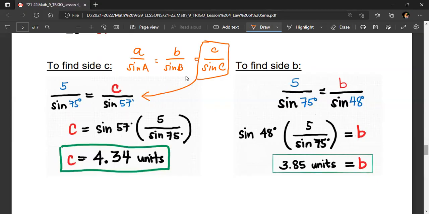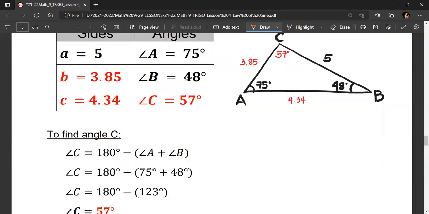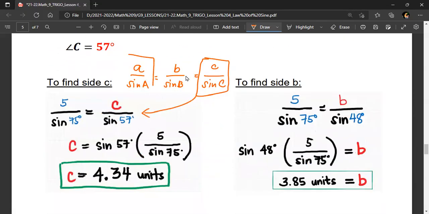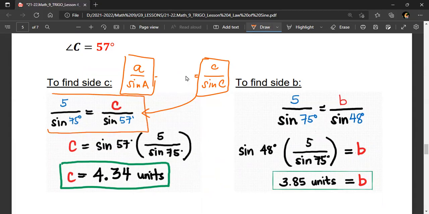Now, based from our given, we have a given of side A, and therefore we also have this sine angle A. Since we have found a while ago the angle C, the missing one will be the side C. Thus, we will be using the relationship of sine A and also sine C, leaving out the sine B. So in this part of the discussion, the sine A and sine C are equated since they are equal.